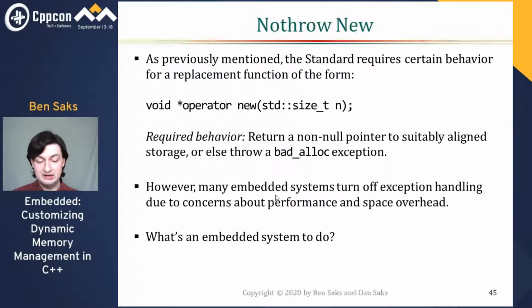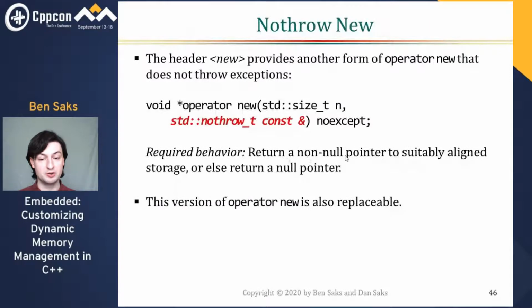So the standard also provides us with another version of new called no-throw new, which is a version of operator new that takes a size t and then this object of type no-throw t, reference to const no-throw t. What's a no-throw t? It's a made-up type of object that only exists to differentiate this operator new from the operator new that can throw.